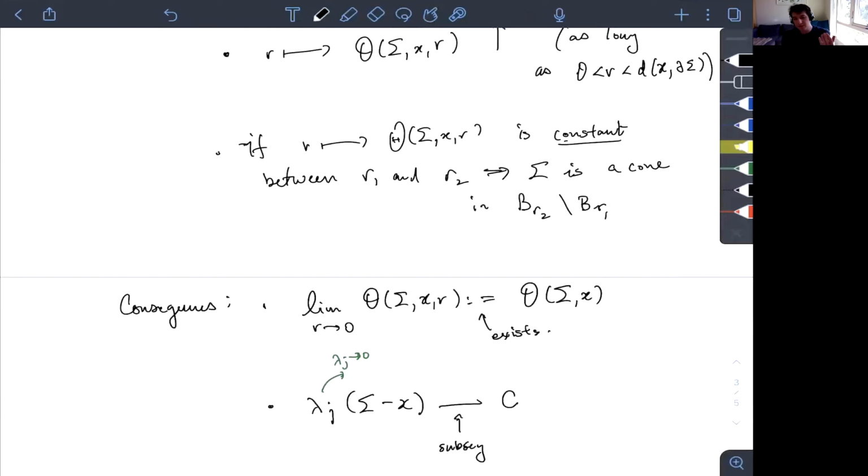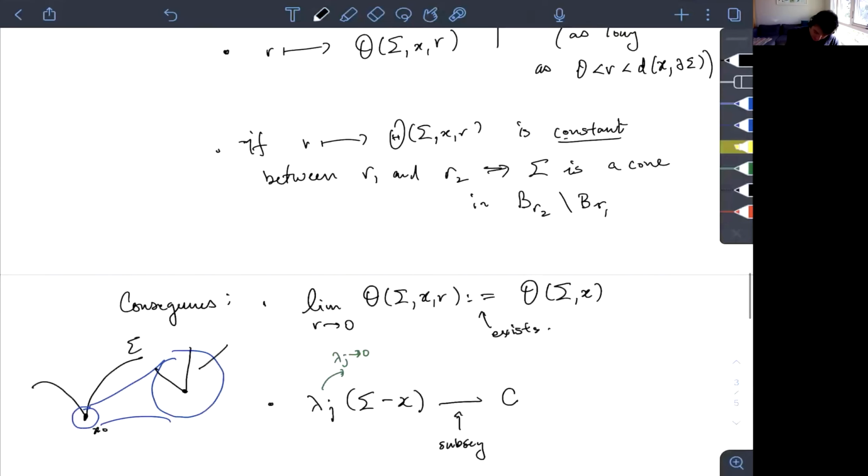And so using the weak theory of minimal surfaces, you can rescale around a point to see that lambda_j (sigma minus x_0) is becoming conical in some weak sense.